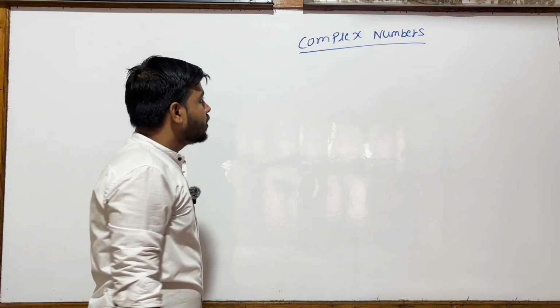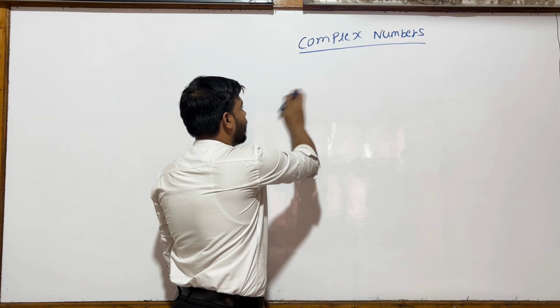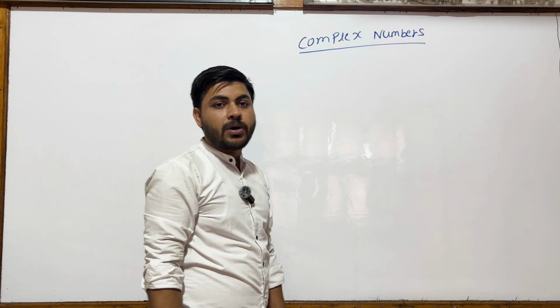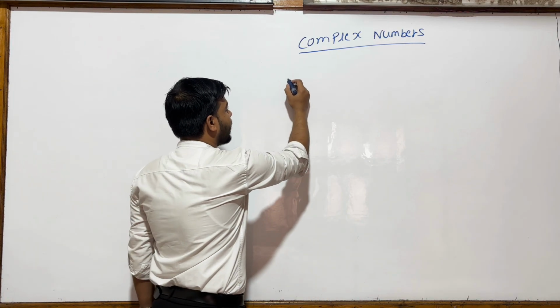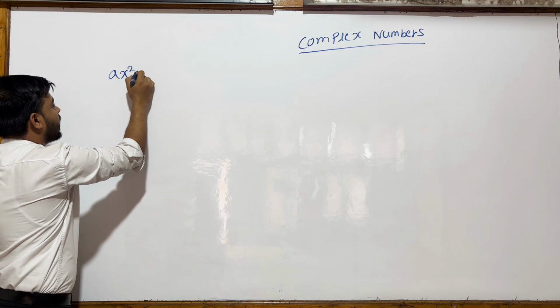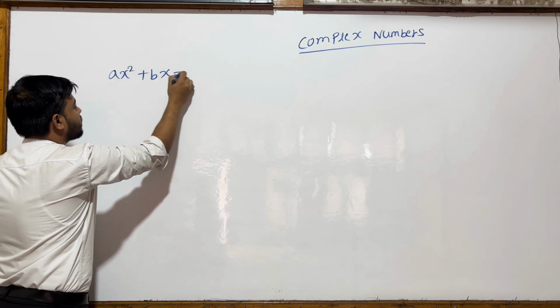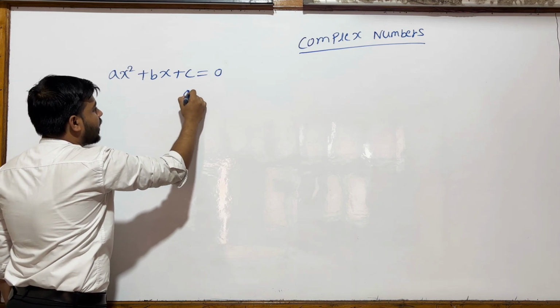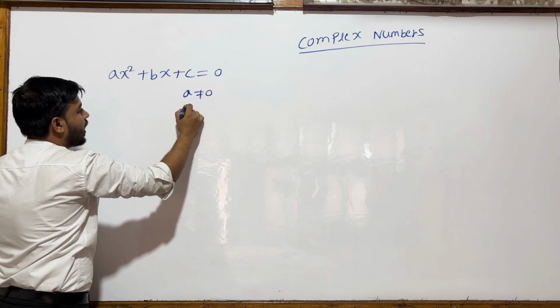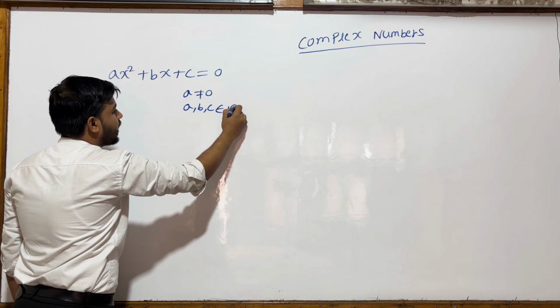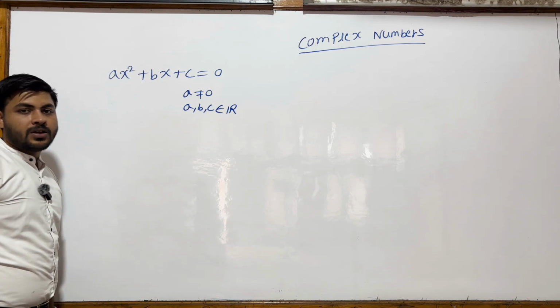Okay. So I hope you know about the quadratic equation. What is the general form of a quadratic equation? That is ax square plus bx plus c equal to 0, where a is not equal to 0 and a, b, c are real numbers.